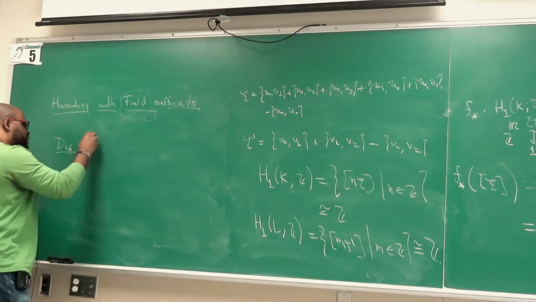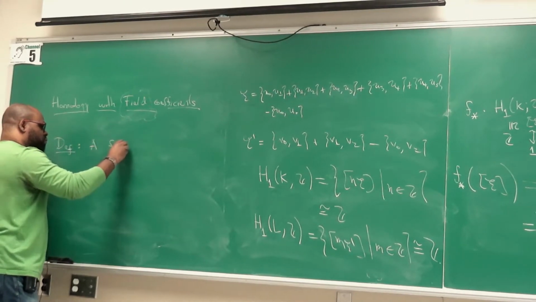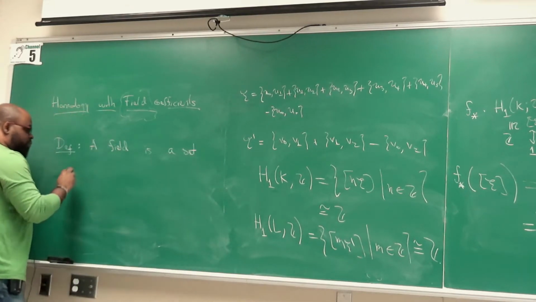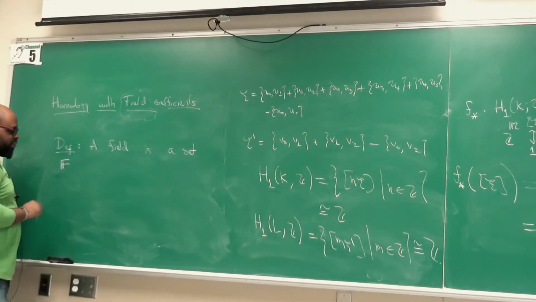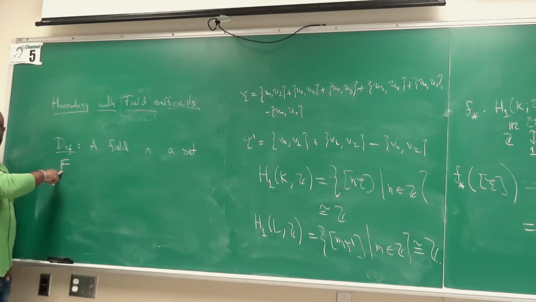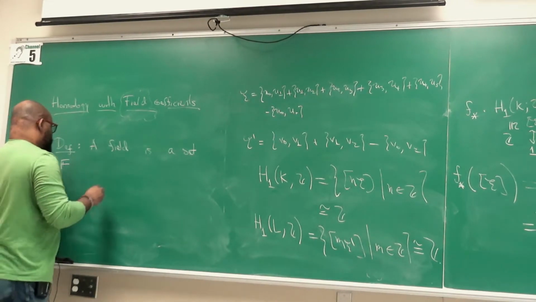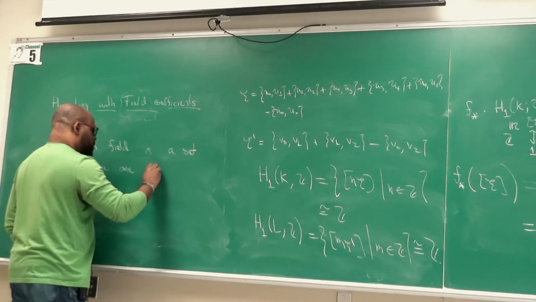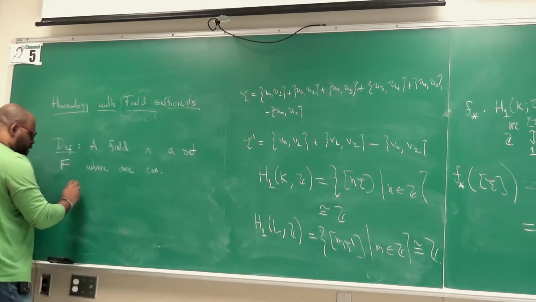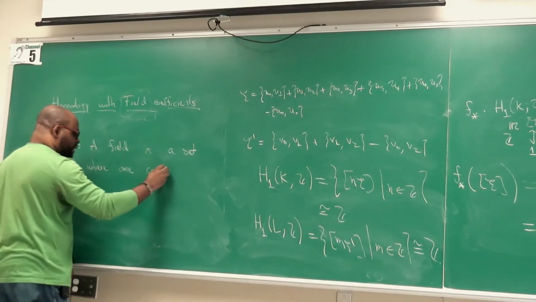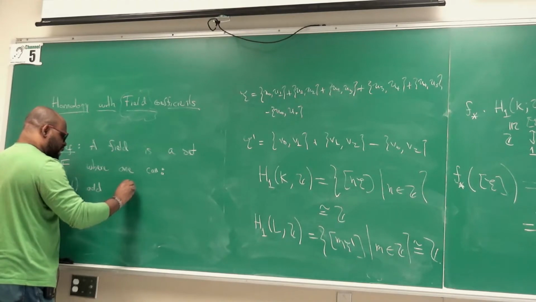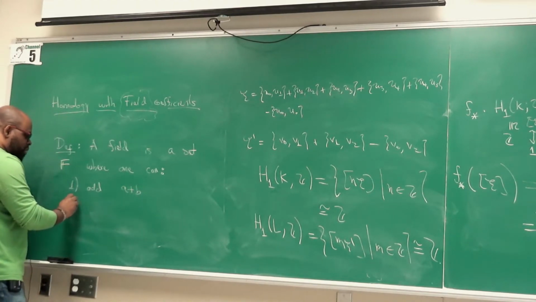So a field is a set F, fancy F, or field, where one can do the following. One can add, so one can say like A plus B. One can multiply.